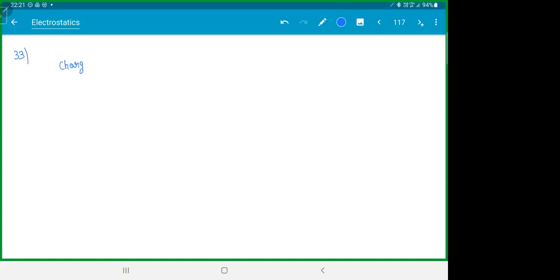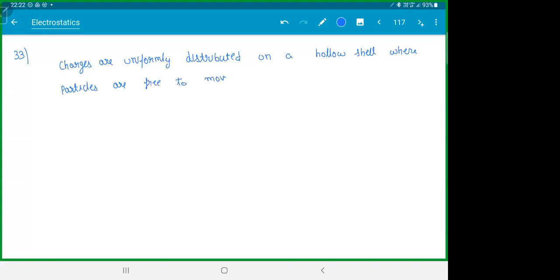We have charges that are uniformly distributed on a hollow shell where particles are free to move. I'll show you the diagram.